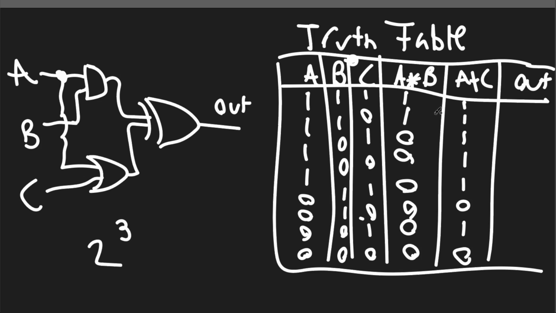So if they're both on, your output is going to be 0. If one of them is on, your output is going to be a 1. And if none of them are on, then your output is going to be 0 again. So you're going to get 0 at the bottom since none of them are on. Here, one of them is on, so you get a 1. Neither one of them is on, you get a 0 there. One on, 1 on, 1 on, 1 on. And you have just completed your first truth table.